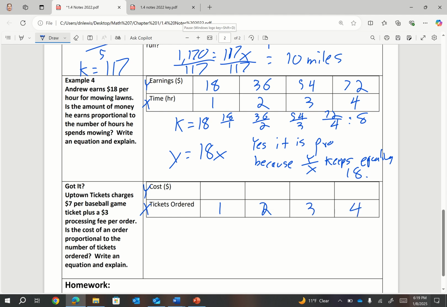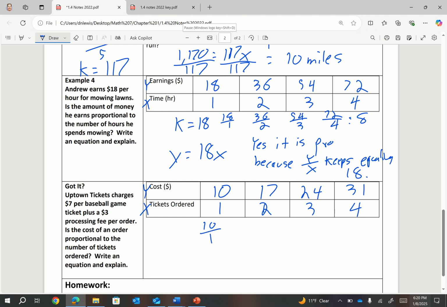So the question is, what's the cost of one ticket? Well, it's $7 for a baseball ticket, but we have that $3 processing fee. So if we buy one ticket, that's actually going to cost us $10. Now we only have to pay that processing fee once, so we can just add 7 to find out how much it would cost for 2 tickets, 3 tickets, or 4 tickets.